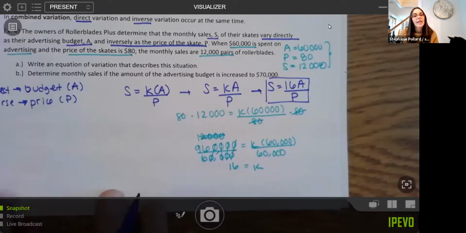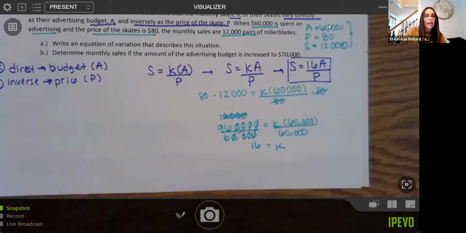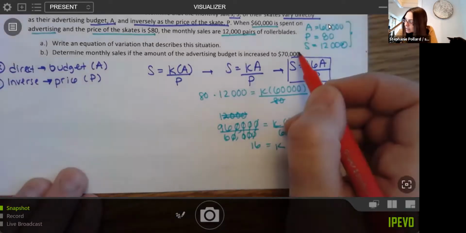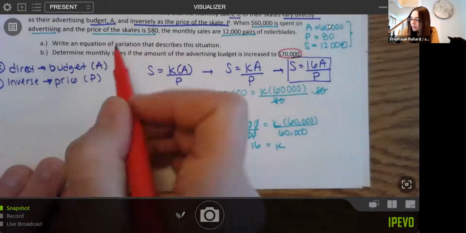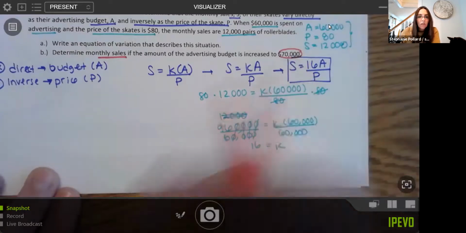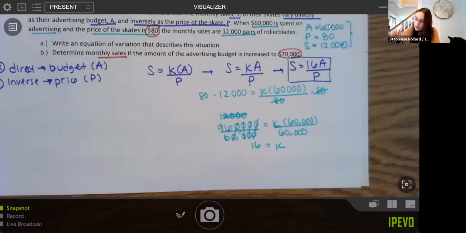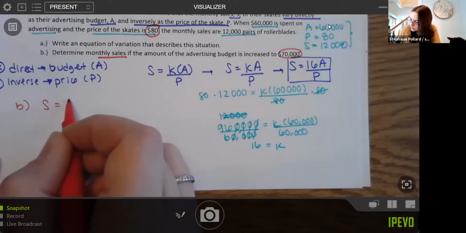Now, part B wants us to take the equation and actually answer a question about it. So determine the monthly sales if the amount of advertising budget is increased to 70,000 now. So we're determining the monthly sales. The advertising budget is increased. It doesn't say anything about the price changing. So we're going to assume that the price is still $80. And then we can go ahead and figure that out. So let's see.